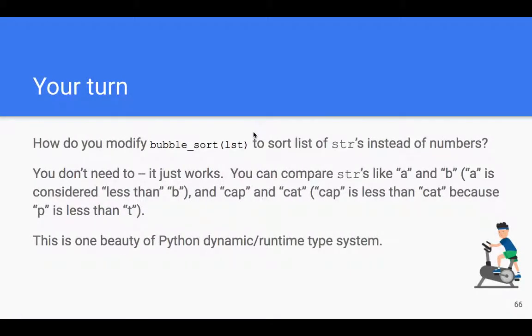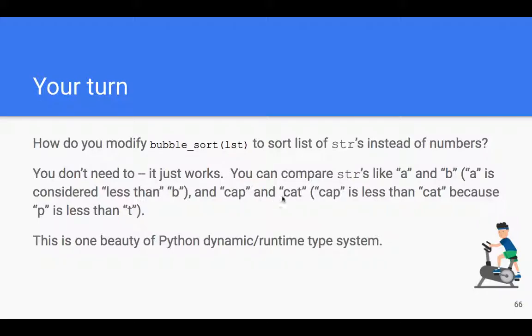Now, what does it mean for one string to be greater than another? Well, I'm trying to remember, we touched on this a while back. But basically, you can compare strings like A and B. In alphabetical order, A comes before B. So what that means in Python, or in most programming languages, is that letter A is less than letter B. And if you have a multi-letter word, then you compare the first letter first, and if the first letter is the same, then you compare the second letter, and so on and so forth until you find an order.